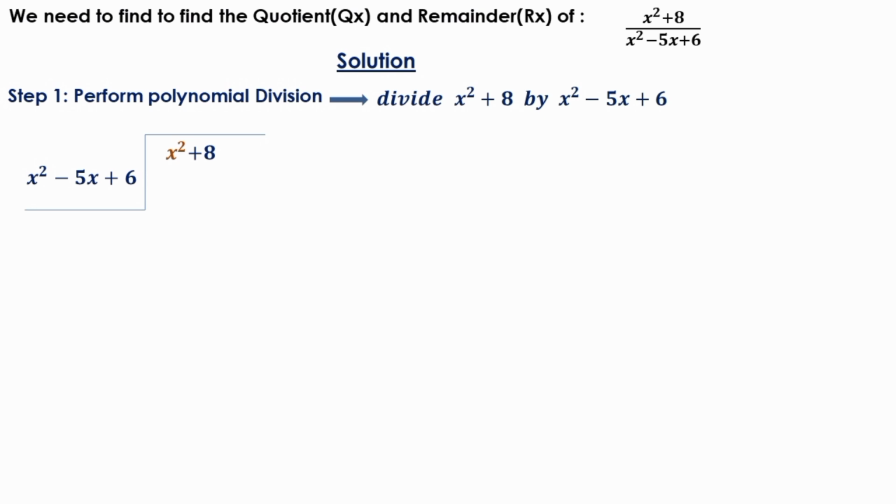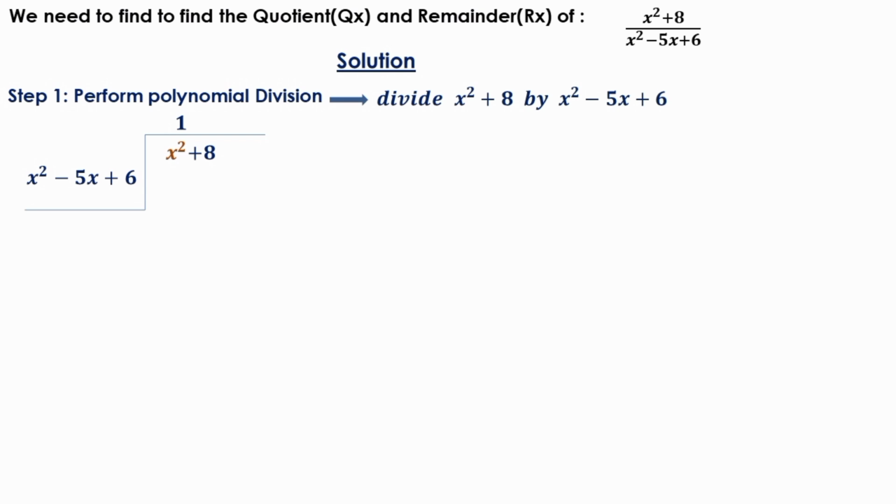Now the first step in this process, all we need is just the first term of each. We need just the first term of the numerator and the first term of the denominator. So that will be x squared divided by x squared, which is 1. This one is my quotient, so I'll be placing that at the top of this operator. So that is 1 placed at the top there.